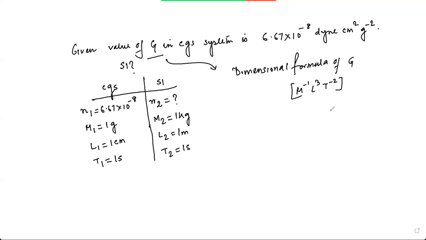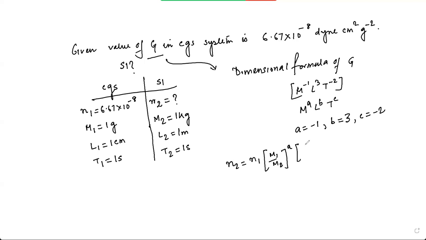Let us compare this with M to the power A, L to the power B, and T to the power C. So the value of A will be -1, B will be 3, and C will be -2. Now N2 equals N1 times M1 by M2 to the power A, L1 by L2 to the power B, and T1 by T2 to the power C.